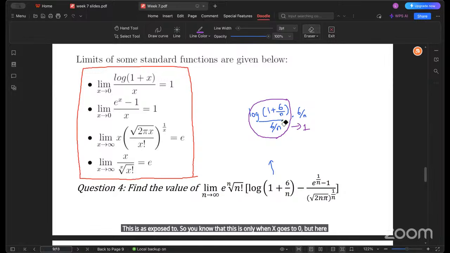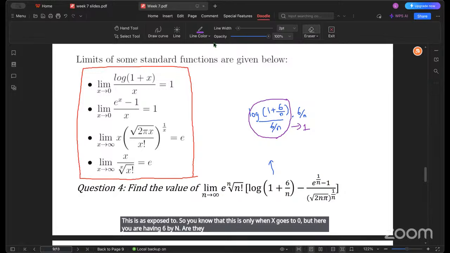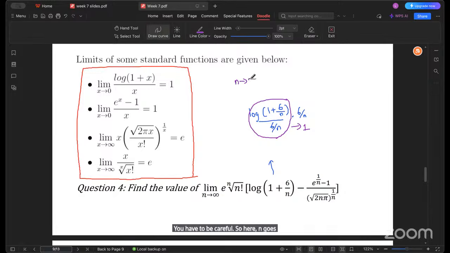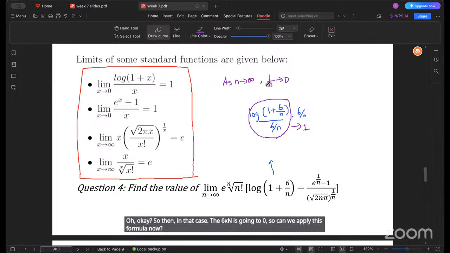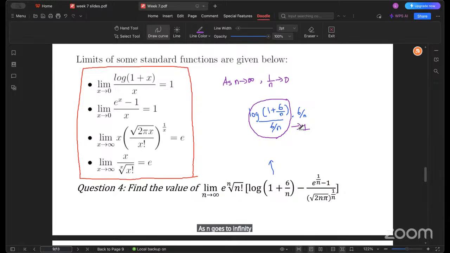But here you are having 6 by n. Are they equivalent or different? You have to be careful. Here n goes to infinity. As n goes to infinity, what happens to 1 by n? It goes to 0. So this 6 by n is going to 0. Can we apply this formula now? Yes, ma'am. As n goes to infinity, can we say that this value will go to 1? Yes, ma'am.